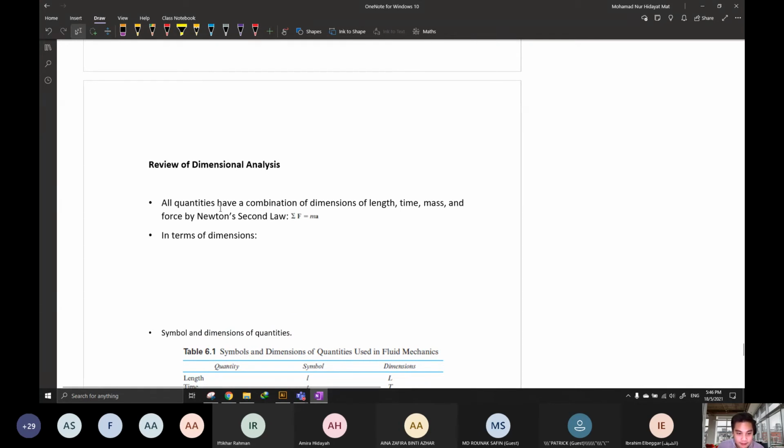All quantities have a combination of dimensions of length, time, and mass. We call this an MLT system: mass, length, and time. Based on Newton's second law, which is F equal to MA, in terms of dimension, we know mass.